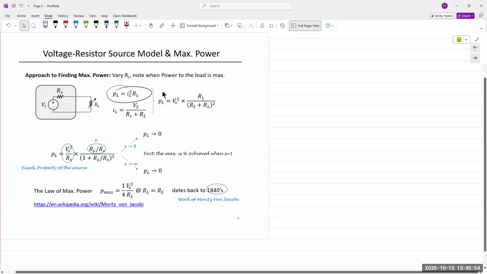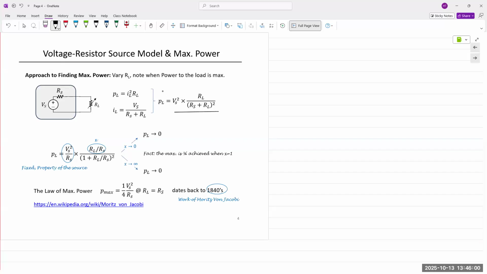So when you put these two equations together, we obtain power in the load as Vs square times RL over RS plus RL the whole square.